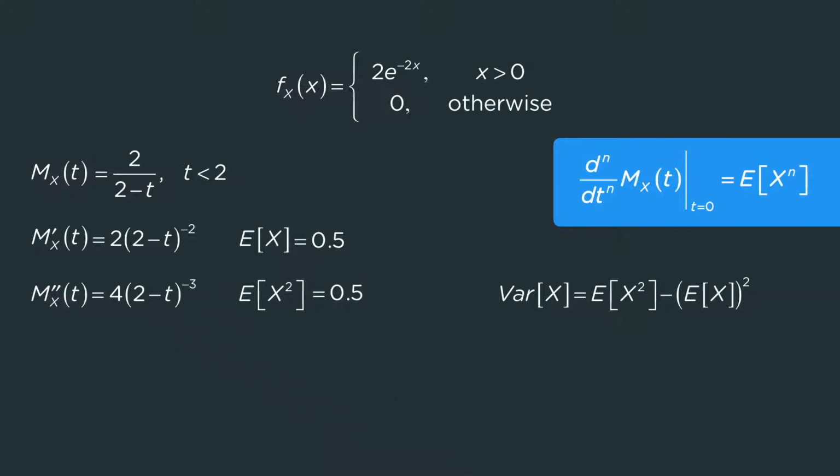Since x's variance equals the second moment minus first moment squared, or 1/2 minus 1/2 squared, the answer is 1/4. As a side note, observe the MGF, both moments, and variance are all nice and neat. This is the result of the PDF. Later, you'll learn how this PDF belongs to the exponential distribution.